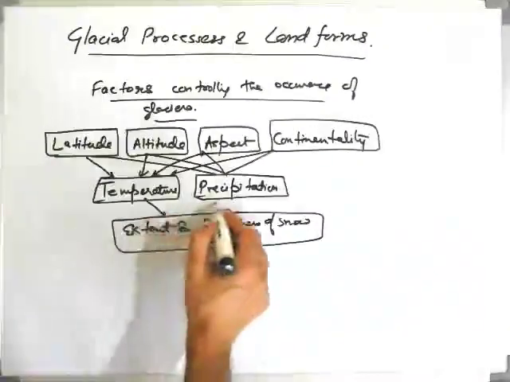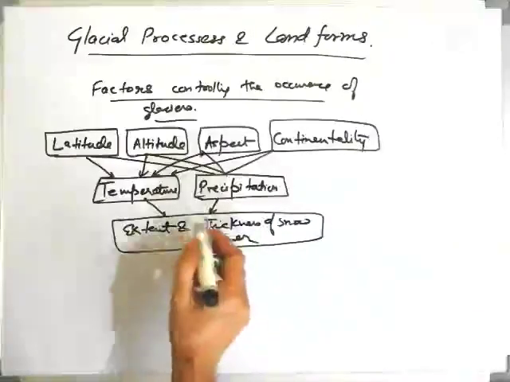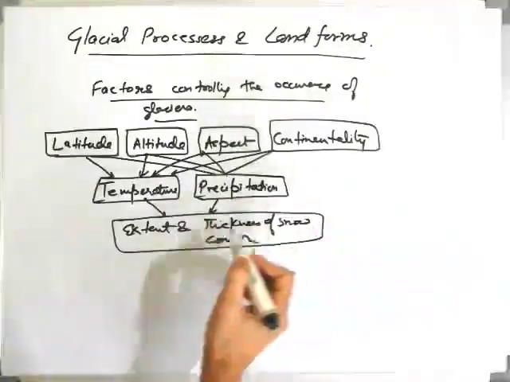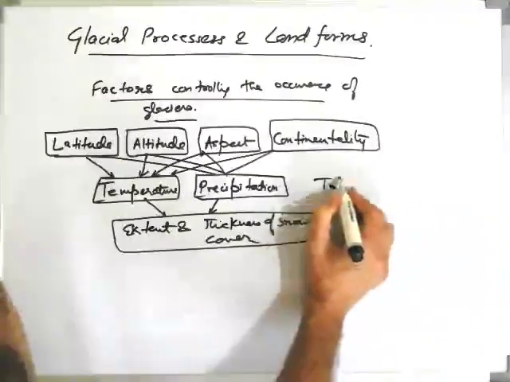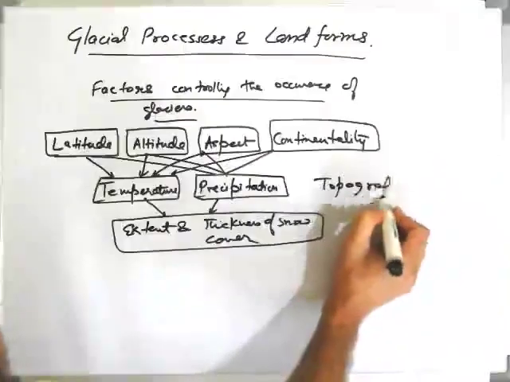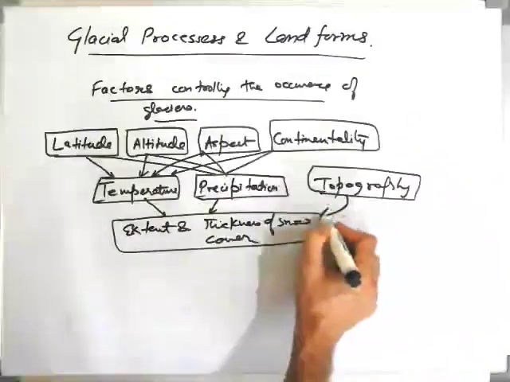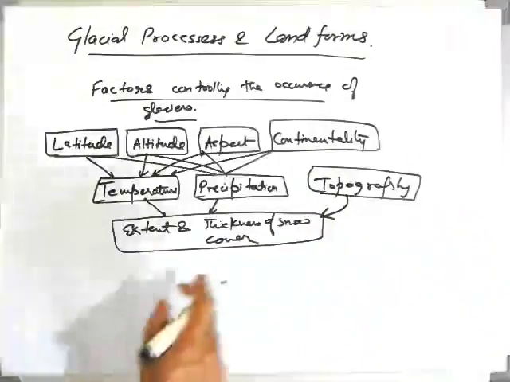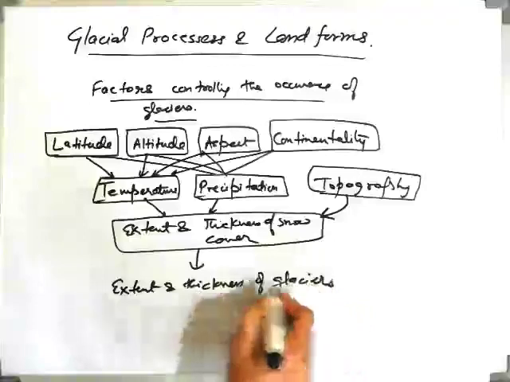So this is controlled by temperature and precipitation. Now, apart from the temperature and precipitation, what else governs the extent and thickness of snow cover is topography. So here it is a separate factor that comes into the picture, and it will control the extent and thickness of snow cover. Finally, the extent and thickness of glaciers.